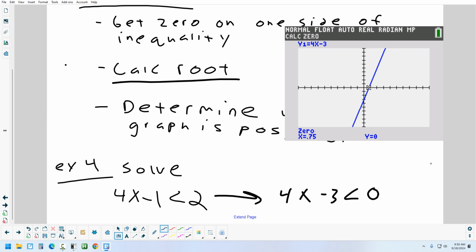Yep, so I want to pick values above 0.75 or below. Below. Below, yes. Any values below 0.75 are going to bring me to the left. Going to the left gives me values that are under 0. If this said greater than 0, I would have picked values above 0.75, and that would have put me up higher on the graph. So in this particular case, it's less than 0.75.